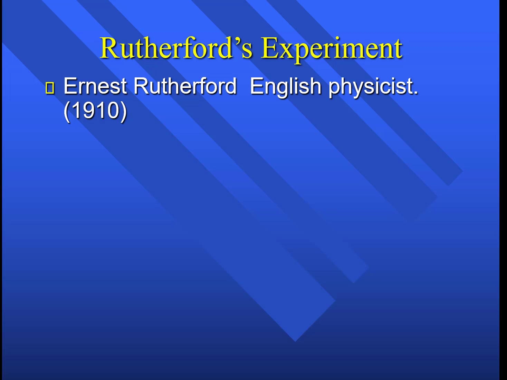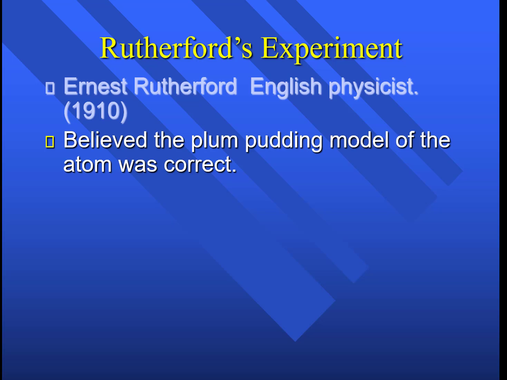So after he graduated, Rutherford got his own lab. And Rutherford was there when the plum pudding model was invented. And it explained everything he had seen. So he said the atom is like plum pudding.